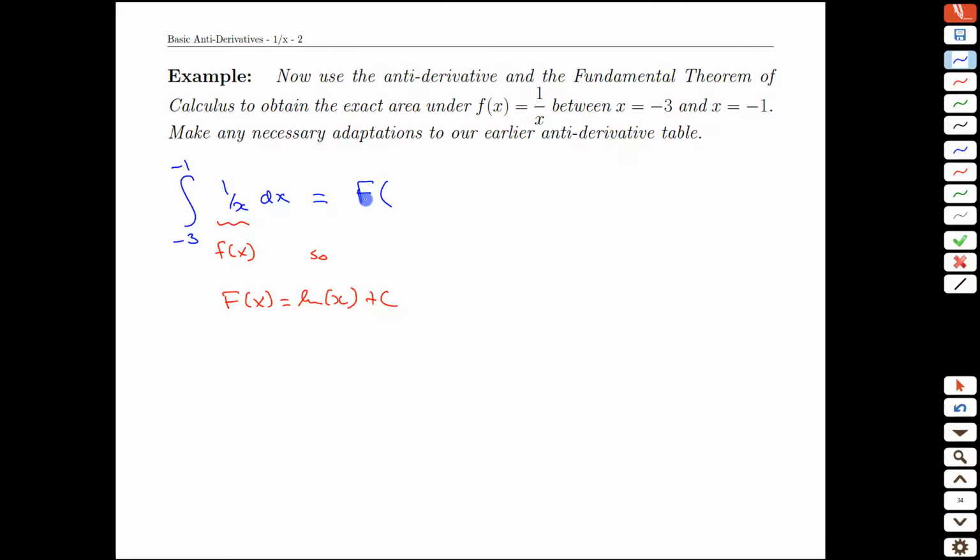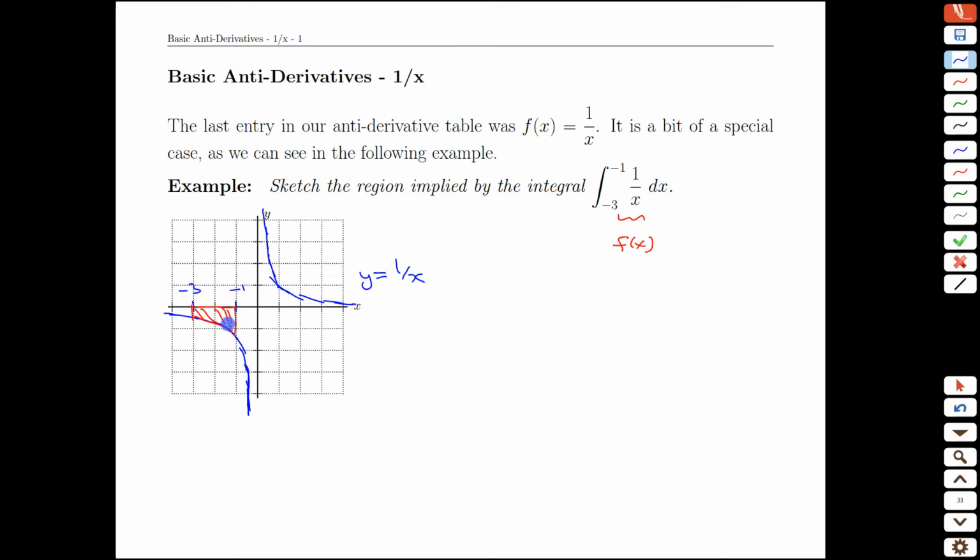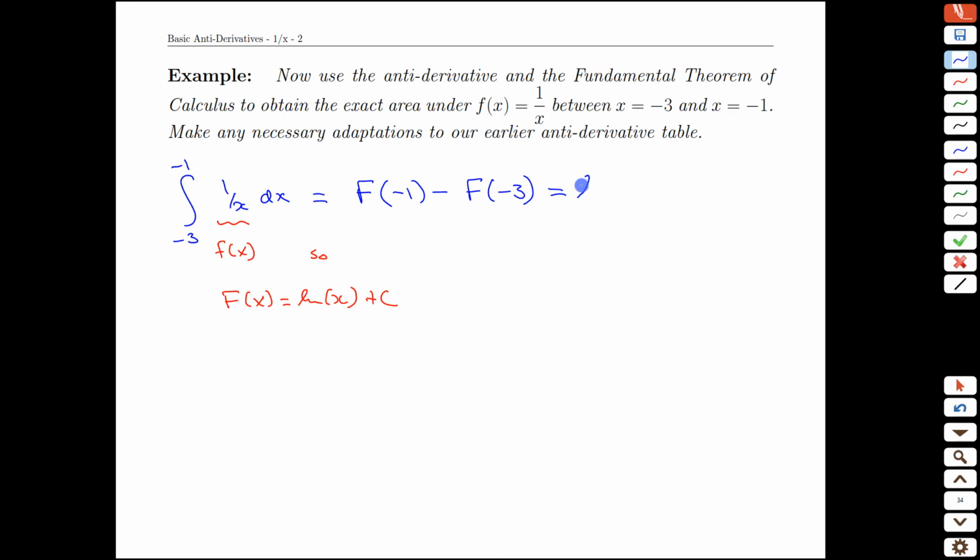We're going to evaluate our antiderivative at the upper point, -1, and at the lower point, -3, and that'll give us the exact area, or the exact total integral value represented here. So we'll have ln of -1 plus c minus ln of -3 plus c.